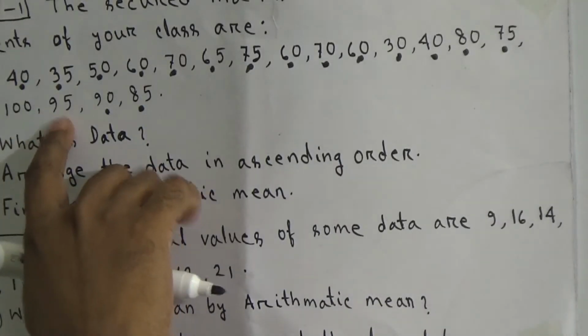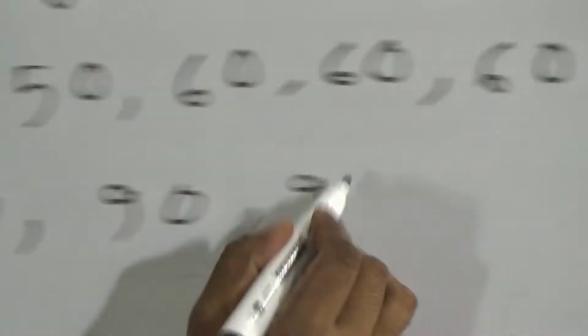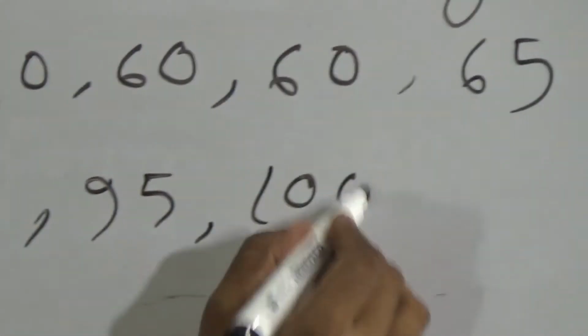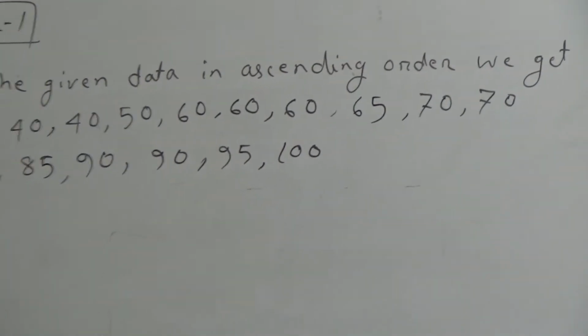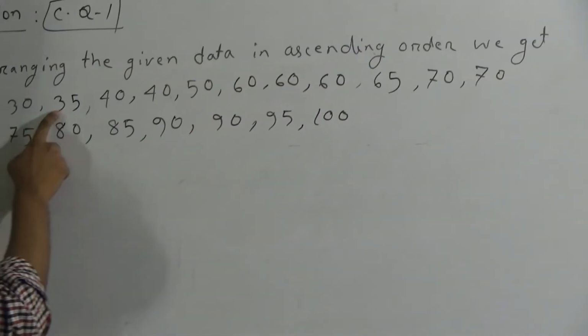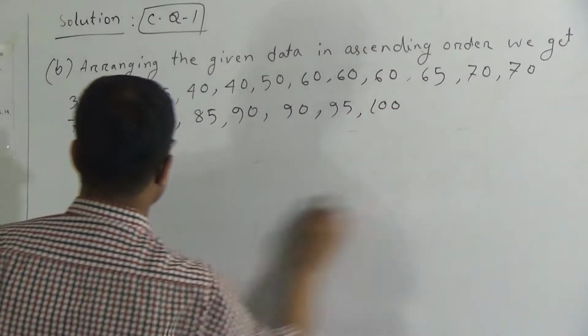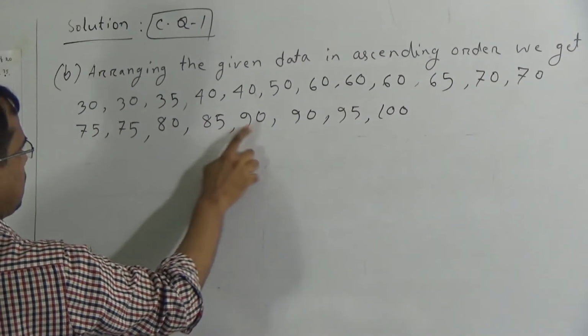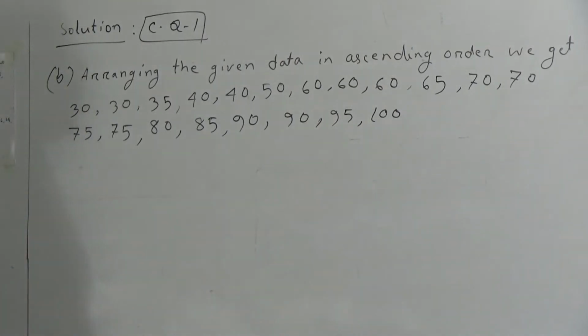Then 95 and then 100. Total 20 data. We will count now. How many data exist here? 1, 2, 3, 4, 5, 6, 7, 8, 9, 10, 11, 12, 13, 14, 15, 16, 17, 18, 19, 20. Okay, we have written all of the data. And this is the answer of B number.